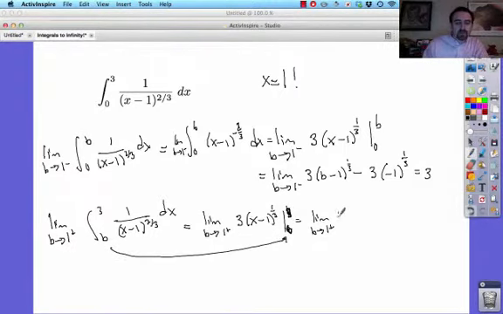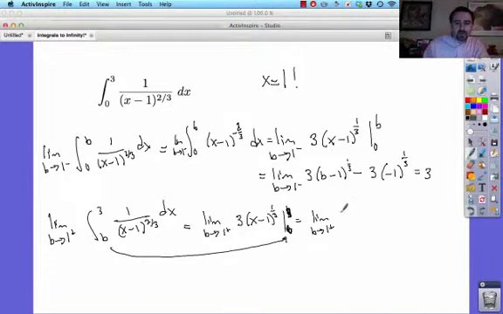Okay, so I have to plug in a 3 and then a b. So the first time I plug in a 3, I get, so 0 minus 3 times b minus 1. I'm sorry, I don't get a 0. I don't know what I'm talking about there.